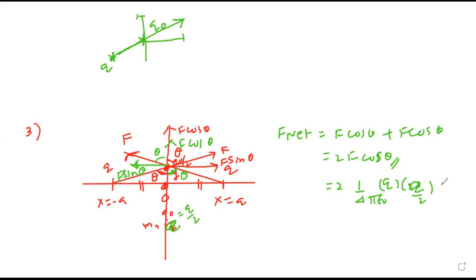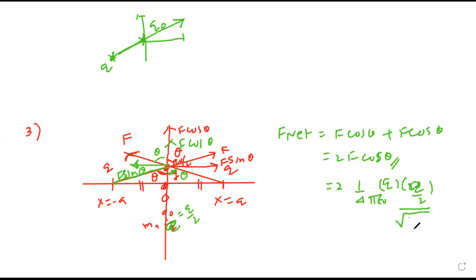So q into q by 2 into cos theta upon r square. Here it will be this distance square. What will be this distance?